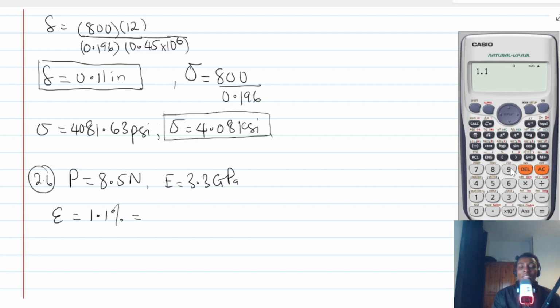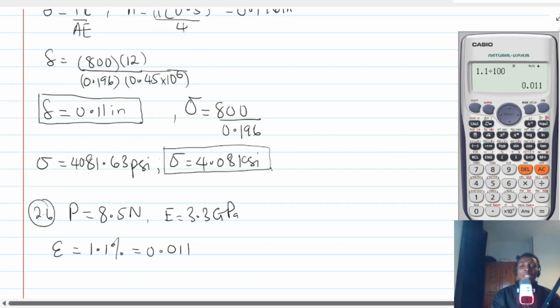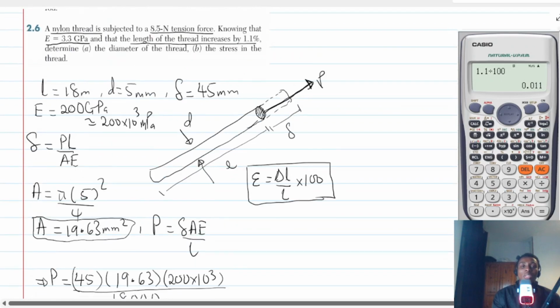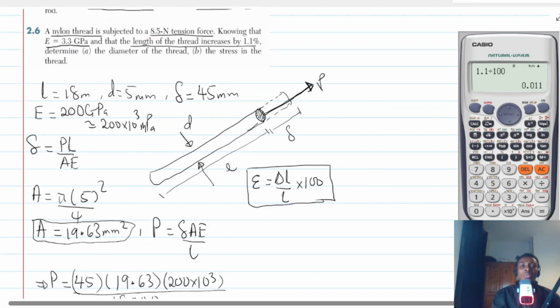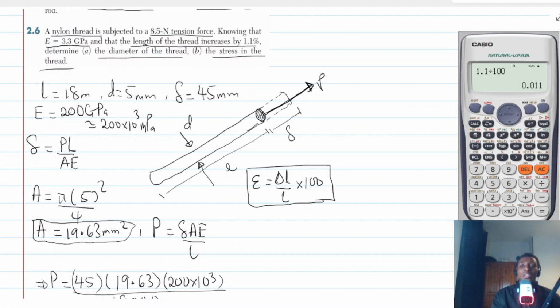So percent is like divided by 100. So it's going to be 0.011. Okay. So whenever you see the strain expressed as a percentage, that is what it basically means. So we should determine the diameter of the thread and then the stress in the thread.